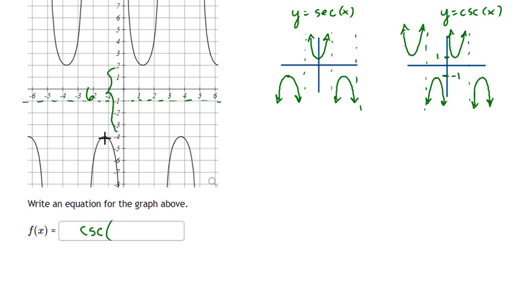So halfway between this point and this point. And so what that means is that everything has been shifted down 1. Let's put a little -1 there. But also, I haven't only gone up 1 from that line and down 1 from that line. I've gone up 3 and down 3. So that means that there's a vertical stretch. So I can go ahead and put a 3 out front there.